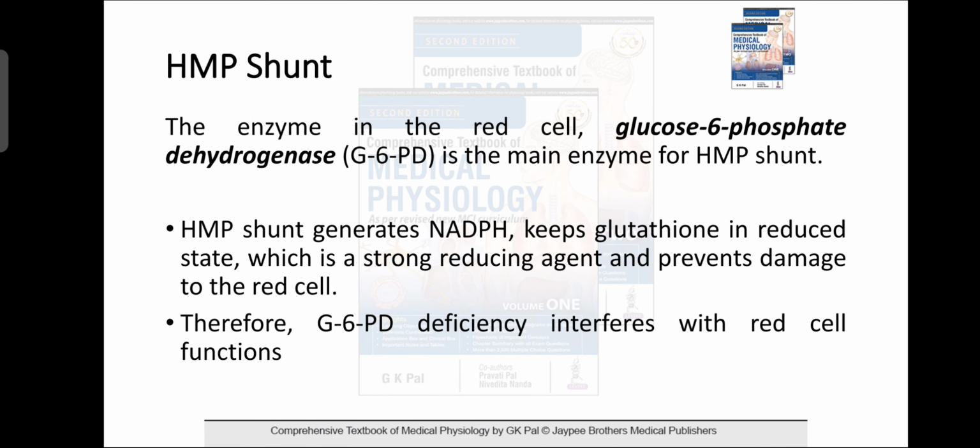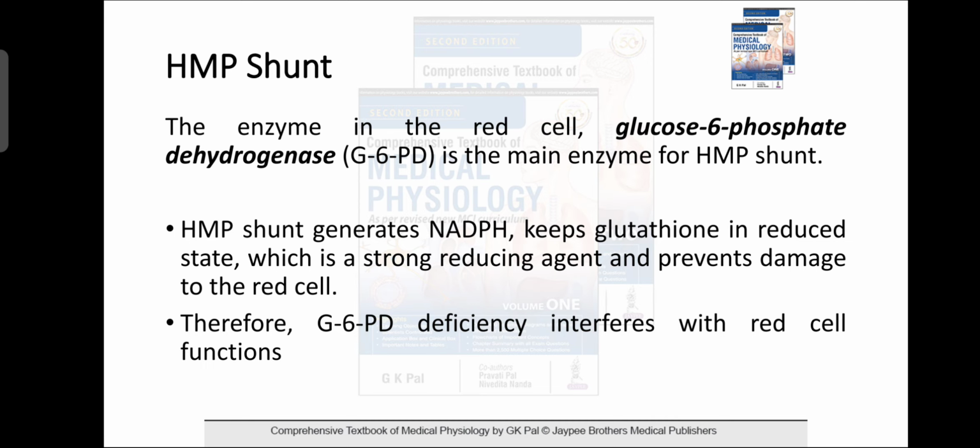HMP shunt: the enzyme of the RBC, glucose 6-phosphate dehydrogenase, is the main enzyme for the HMP shunt. The HMP shunt generates NADPH, which keeps glutathione in the reduced state, a strong reducing agent, and prevents damage to the RBC.